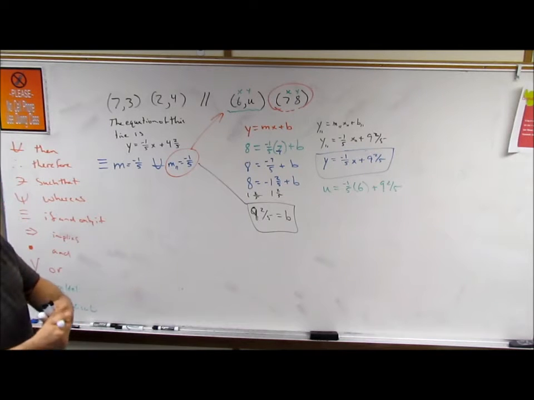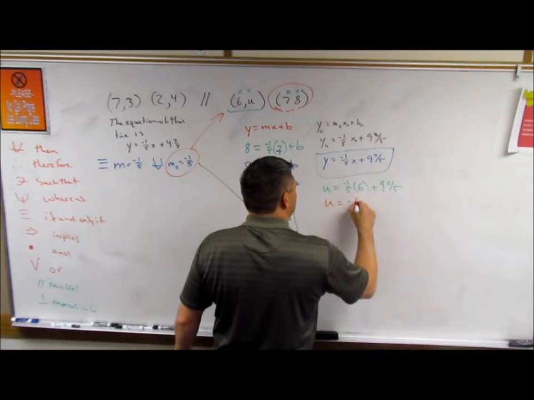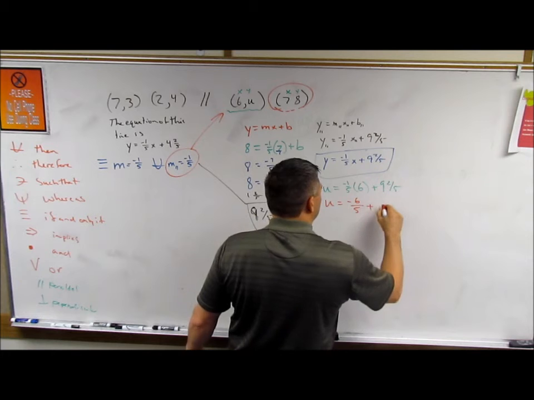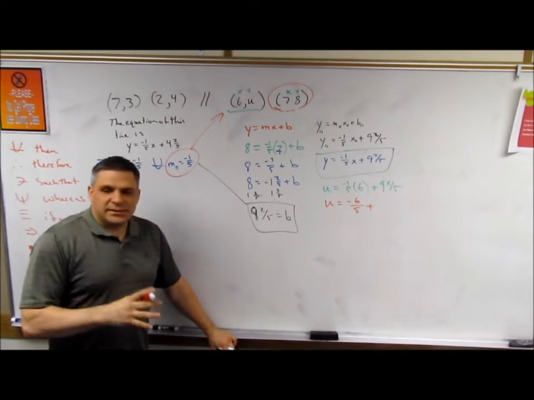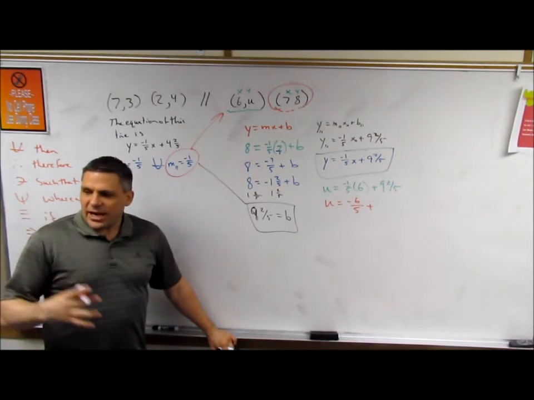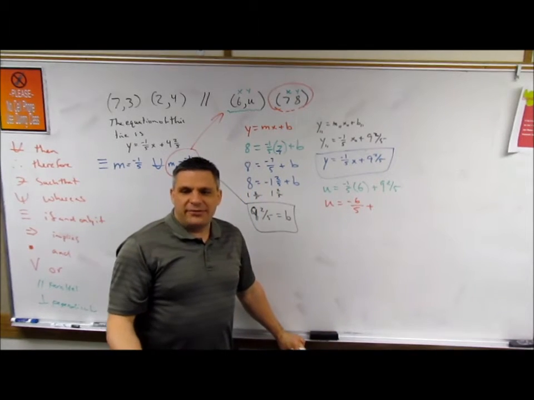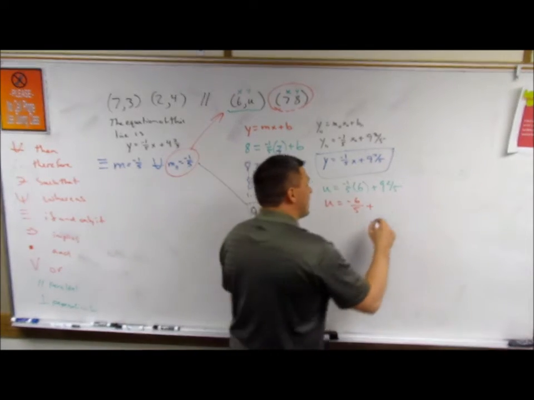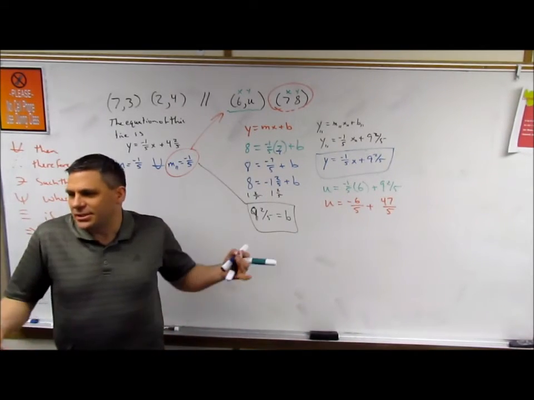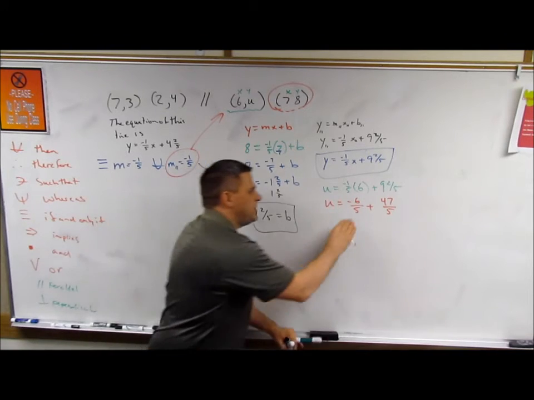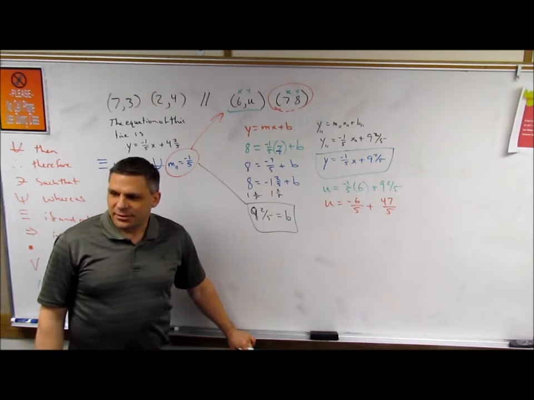And now we just do the math. u is equal to negative 6 over 5 plus 9 and 2/5. But in this case, since I'm going to be adding fractions, let's change this 9 and 2/5 into 5 times 9 is 45 plus 2 is 47 fifths. Might as well change it in that step because I'm going to be adding these to find my u, and it's not nice and neat for me.